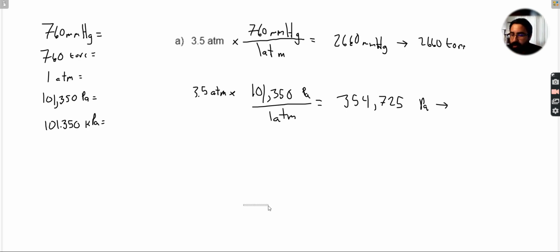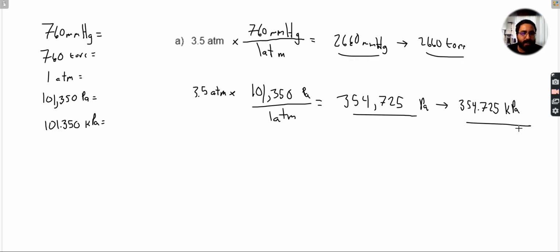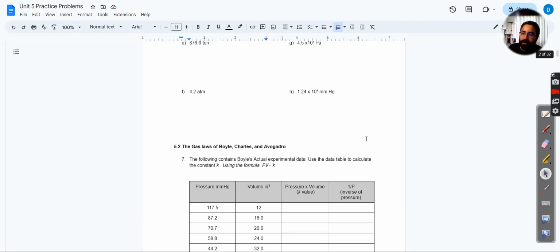So it becomes 354.725 because kilo is 1,000, right? So we're moving the decimal 3 times because we're dividing by 1,000. So 1, 2, 3 gives us that. So here we have 4 different units. I only wanted to do 1, but you're welcome. All right. That's kind of it for these.